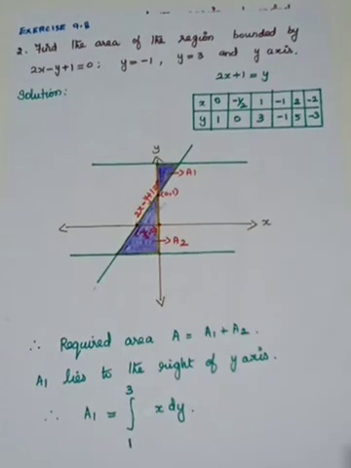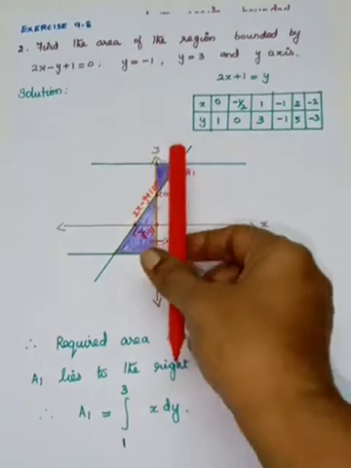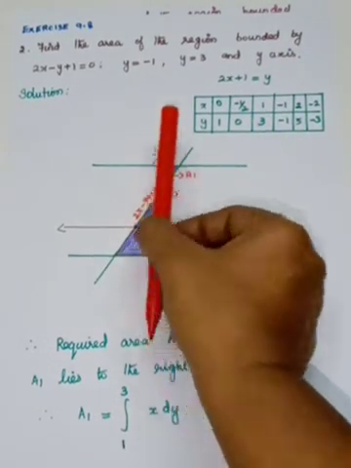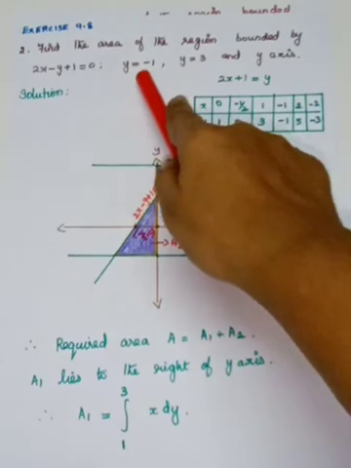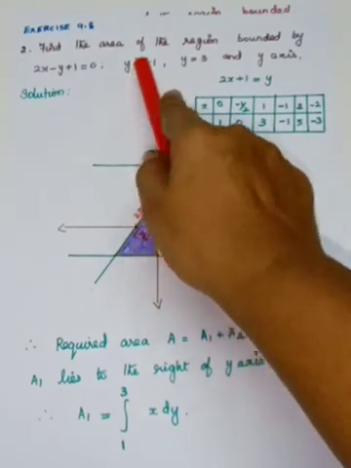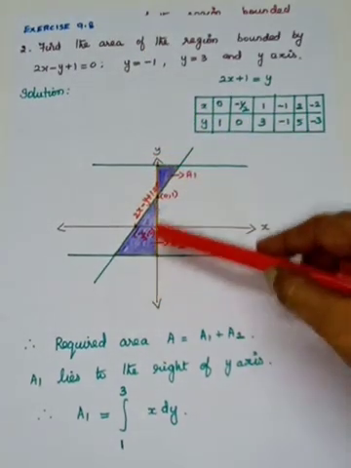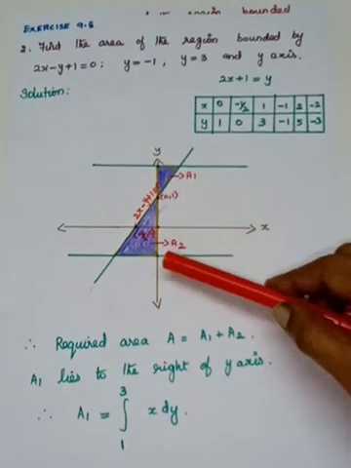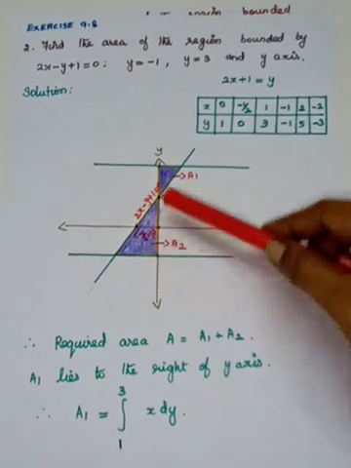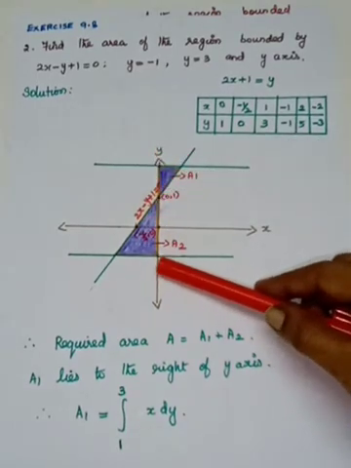Next, you have to consider the y-axis. This is the y-axis, already drawn. And you have to mark the lines y is equal to minus 1. The y value is negative, so from this point 0, 0, this point is minus 1 on the y-axis.